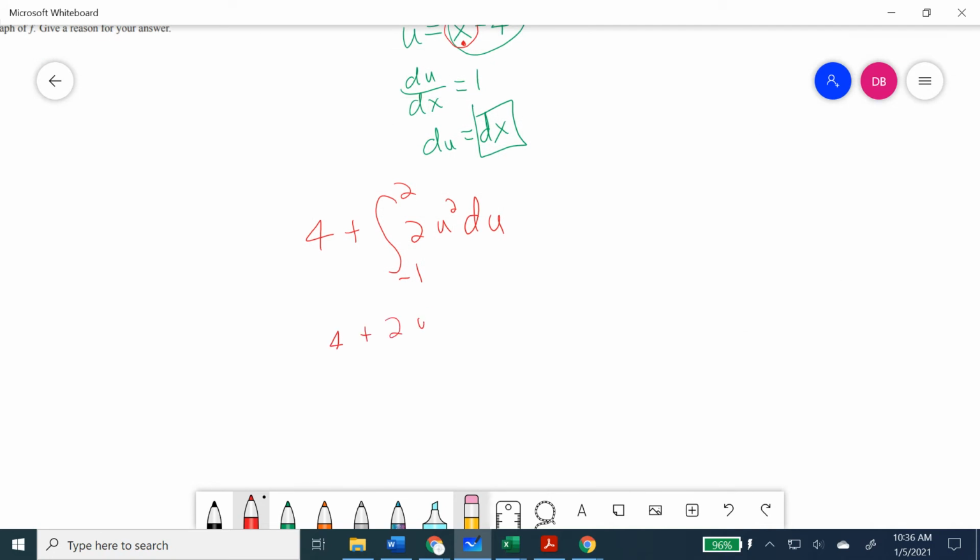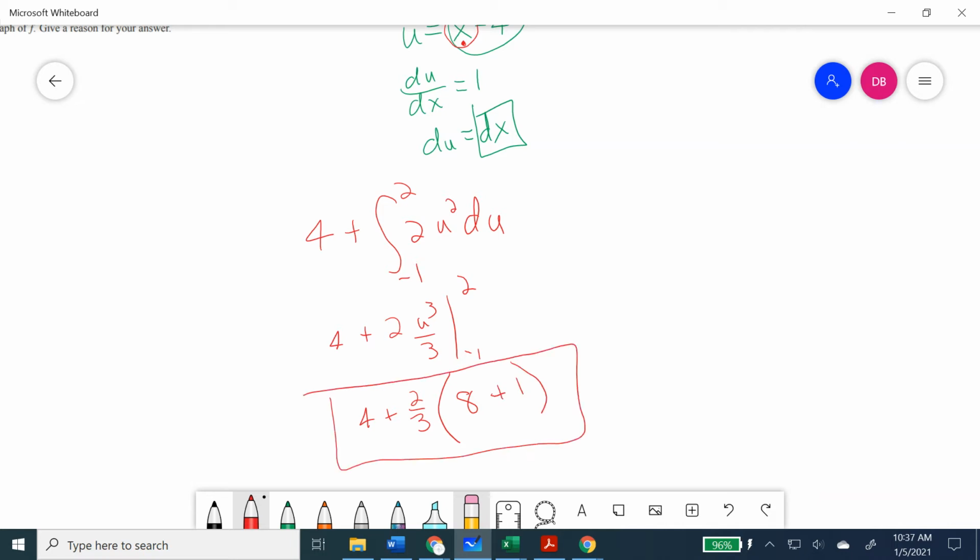So I have 2u cubed over 3. When I plug in 2, I'm getting 2 cubed minus negative 1 cubed is negative 1. And I would leave my answer here and not do any more arithmetic and risk making a mistake. And I'm going to show you the answer.